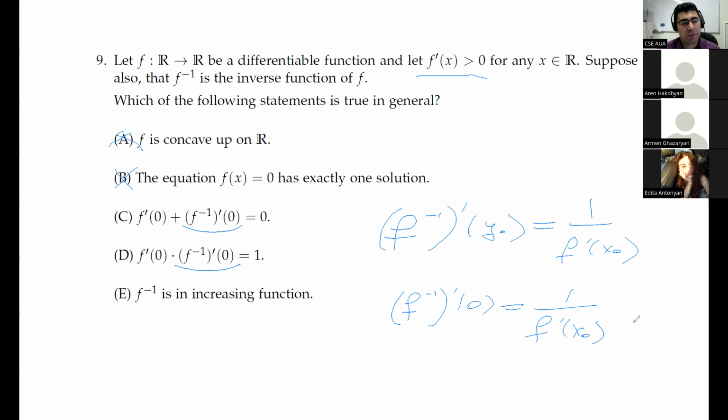Now, can you say which of the remaining 3 statements, C, D, or E, is the correct statement? What is x0? x0 is a point where f of x0 is 0.